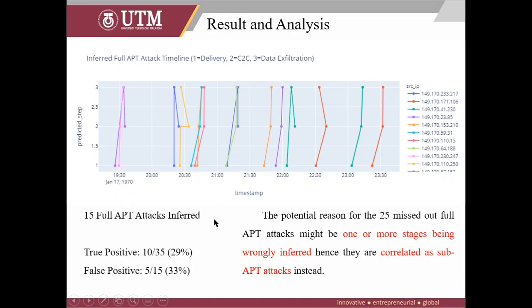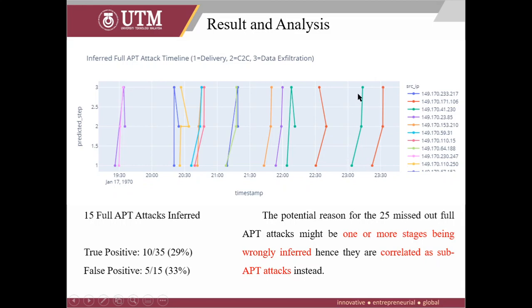Remember the correlation rule: the same source IP with all 3 stages classified is considered a full APT. So what happens is that the ANFIS detection system wrongly classifies one of the stages as another.